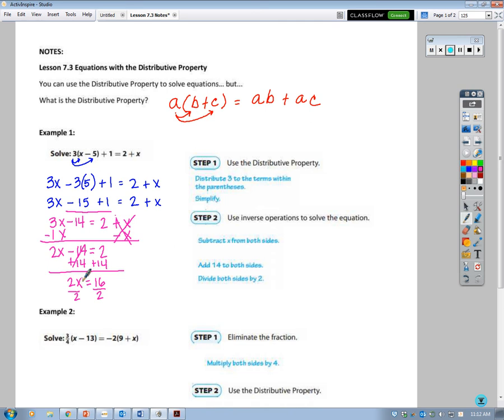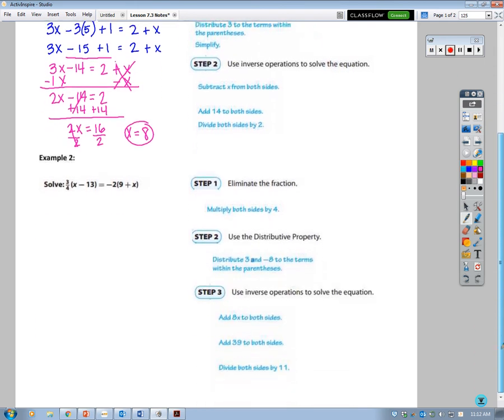I can separate it using the inverse operation, which is division. 2x divided by 2 is 1x, and 16 divided by 2 is 8. So I've got x equals 8, and that's my solution. Now I could always check this by plugging x back into my equation, and if the solution on one side is equal to the solution on the other side, then it is true.